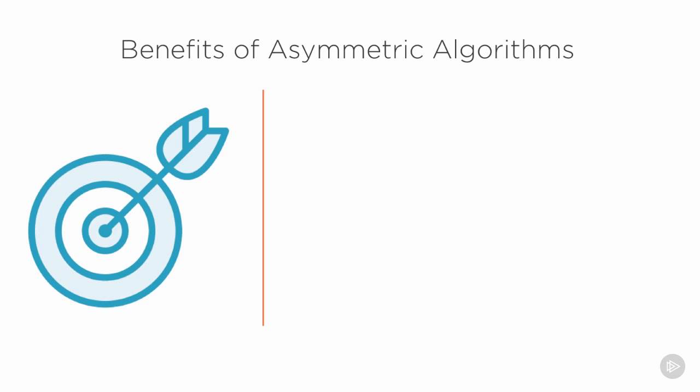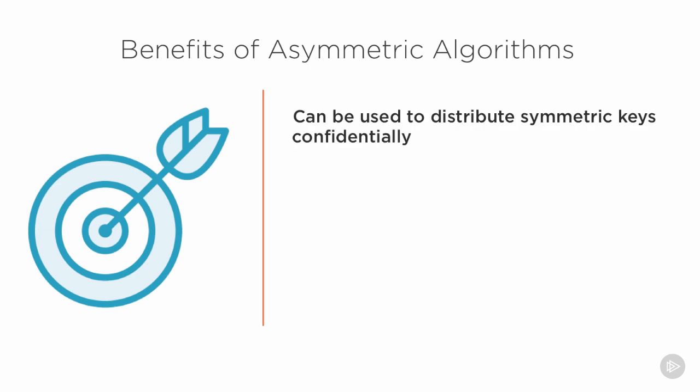So what are the benefits of an asymmetric algorithm? Well, the main thing we do is we use these to support symmetric key algorithms. We saw a few moments ago how symmetric is good to encrypt a message, but it's poor at key distribution. We have to get that key to the receiver. And this is where asymmetric works very well.